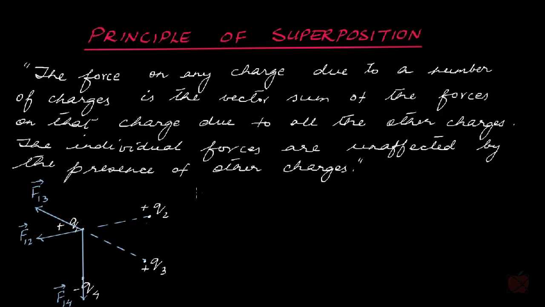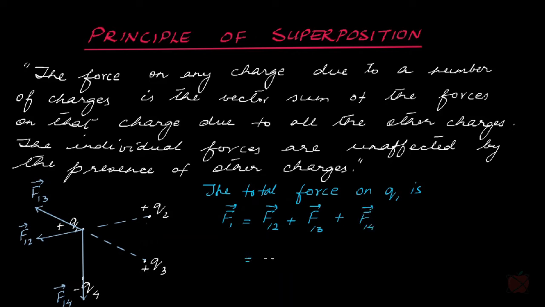Suppose the system is like this, then the total force on Q1, F1, will be the sum of all three forces. Let me write F12 first, to maintain uniformity. So this will be F12 plus F13 plus F14.